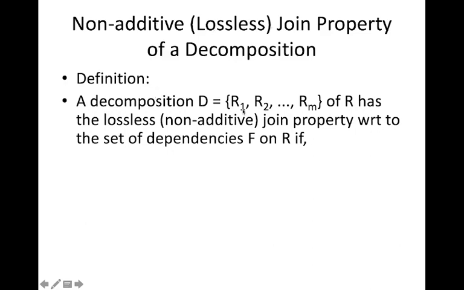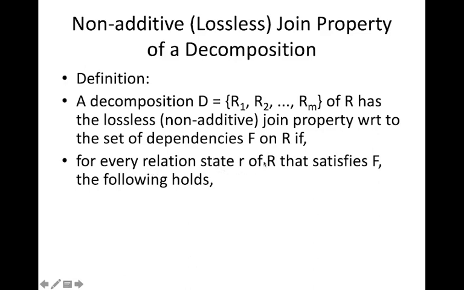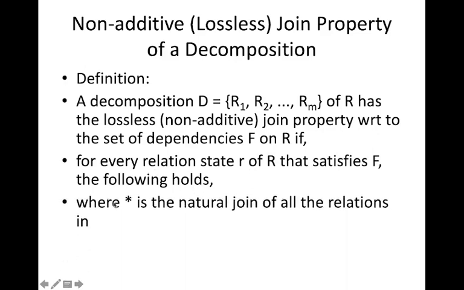A decomposition D equal to R1, R2, and so on, of R, has the lossless join property with respect to the set of functional dependencies F on R if, for every relation state r of R that satisfies F, this condition holds, where star denotes the natural join of all the relations.